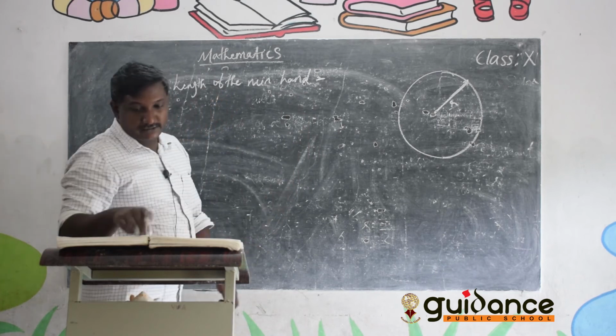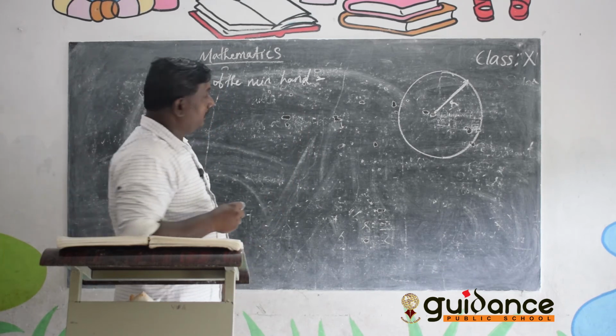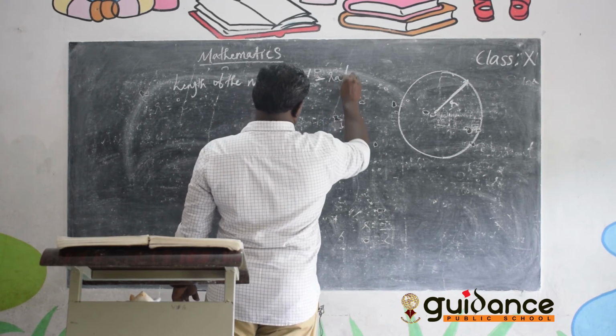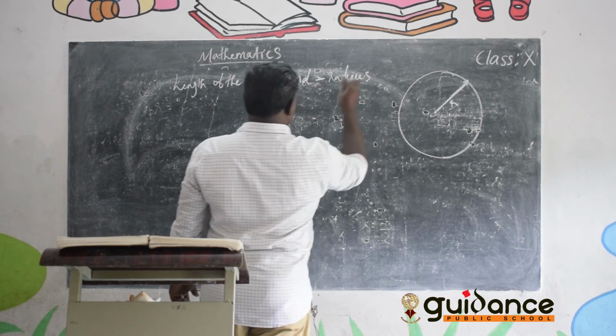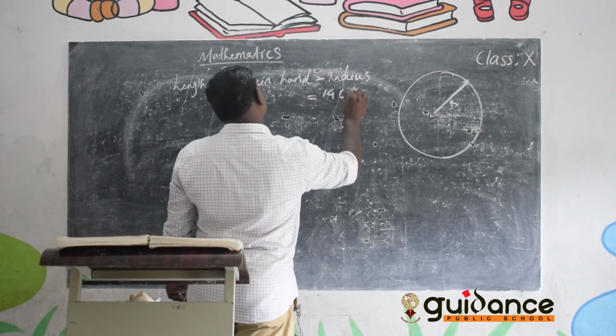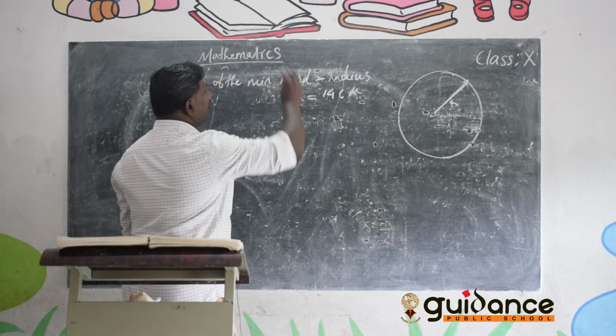Length of the minute hand is given 14 centimeters. So minute hand equal radius, that is equal to 14 centimeter.